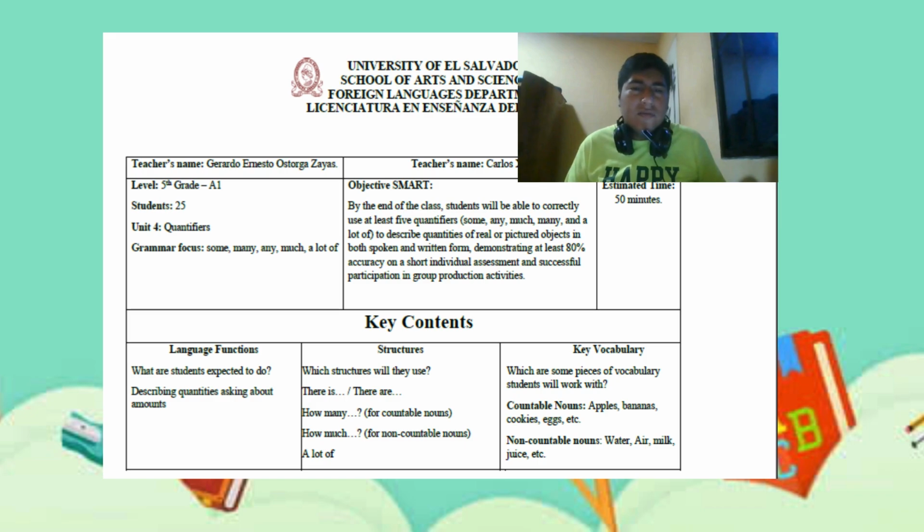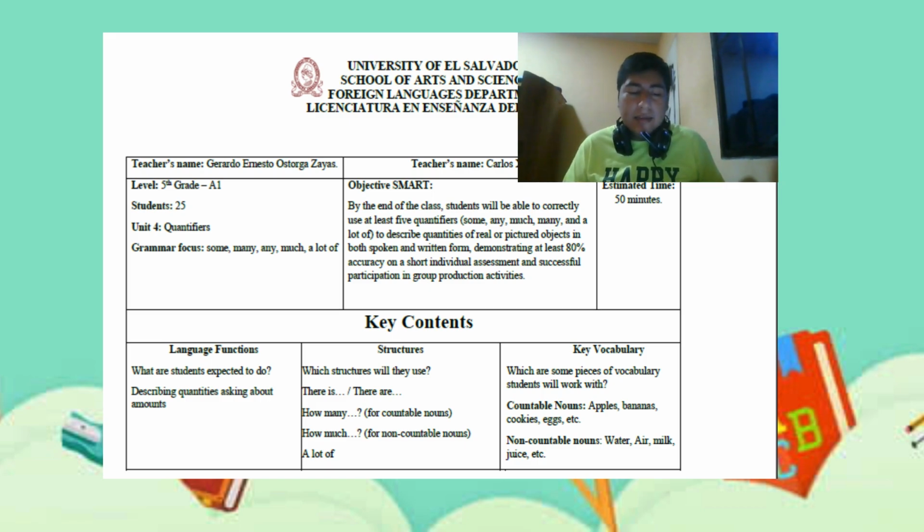What are the structures we use in this lesson plan? For example, how to use there is, there are, how many for countable nouns, how much for non-countable nouns, a lot of, a few for countable nouns, and a little for non-countable nouns, and some.